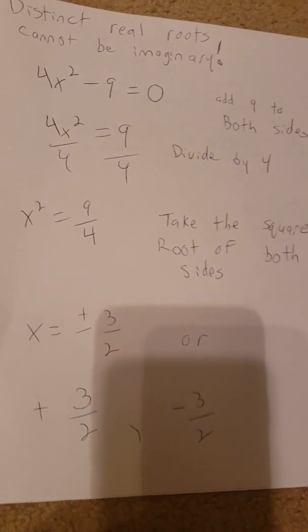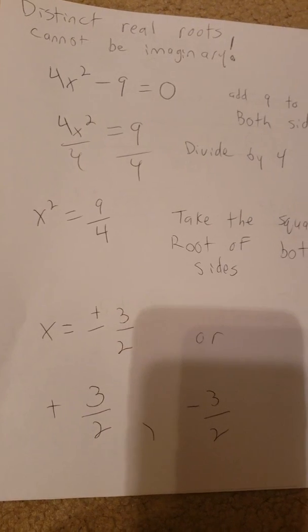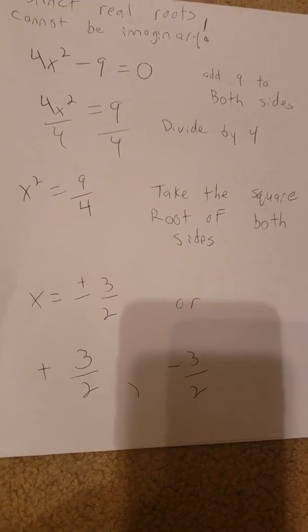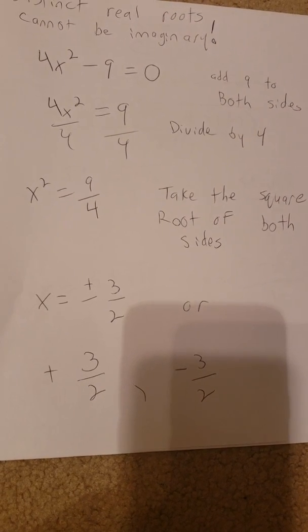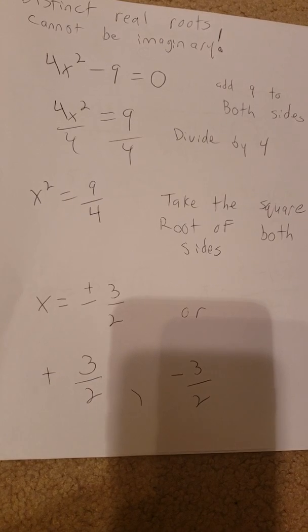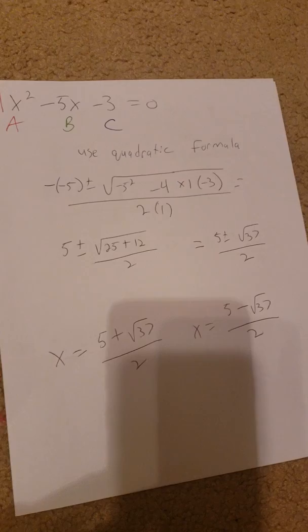And that is going to give us x squared equals 9 over 4. And now we have to take the square root of both sides, and that is going to give us x equals plus or minus 3 over 2, or plus 3 over 2 and negative 3 over 2.